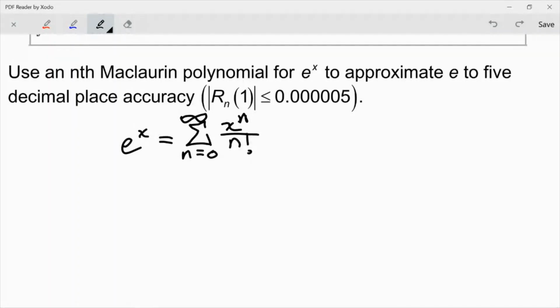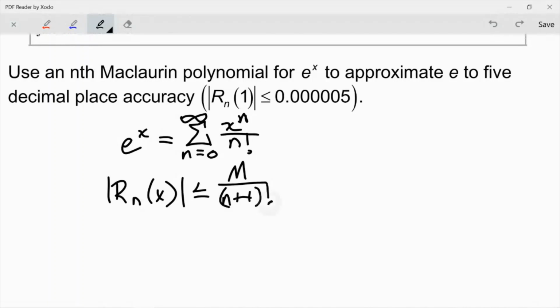So if I want the remainder after n terms at my center point, I know the absolute value of that remainder is going to be less than or equal to the maximum value of the next derivative divided by n plus 1 factorial times x to the n plus 1 power. Essentially I did x minus 0 to the n plus 1 power since my center point was 0.